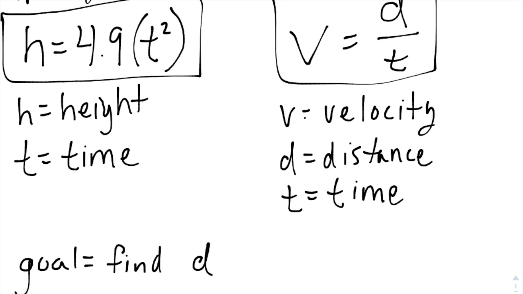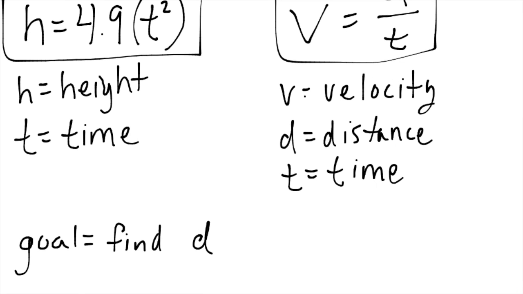So the overall goal of this whole thing is to find distance. Now next, we want to notice that we are going to be given, so me, Mr. McSparron, I am going to give you height and velocity.